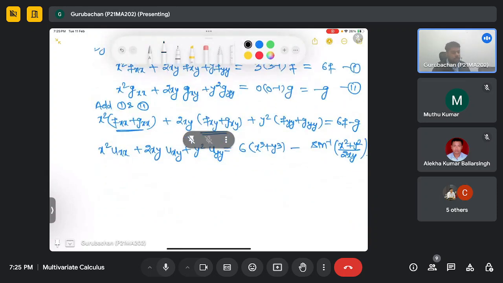So let us move to the next question, which is related to the relative minima.